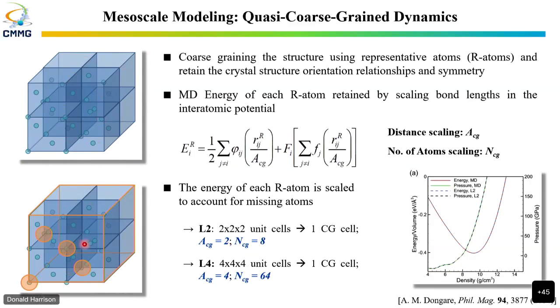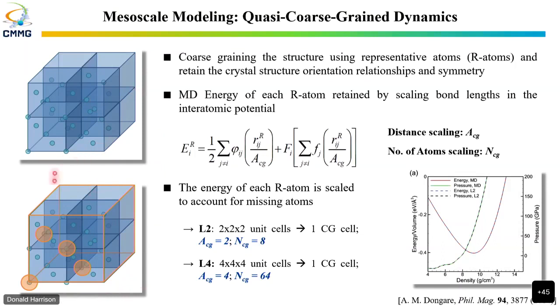The advantage of this method is we can use the same interatomic potentials that we are using in the MD simulations. We have to scale them, and that scaling relationship could be anything depending on how much of the volume you want to represent using these atoms. If it is level one, I'm retaining 1 unit cell for 1 unit cell, which is pure molecular dynamics.